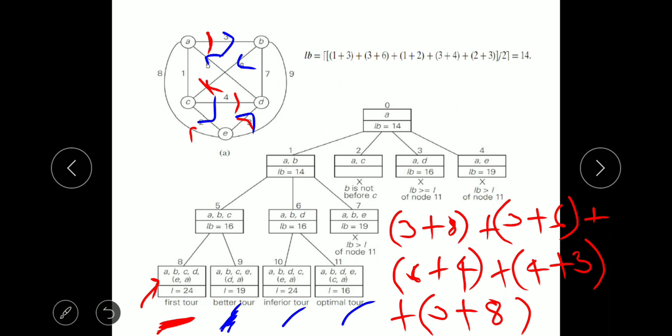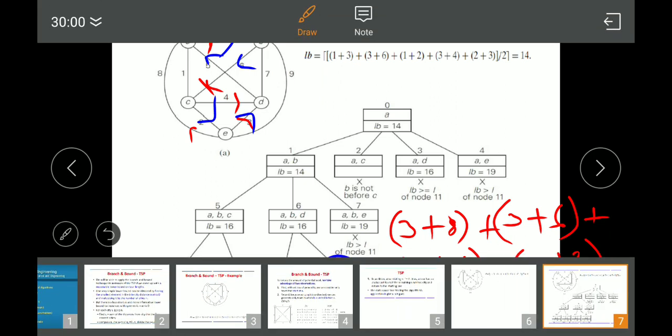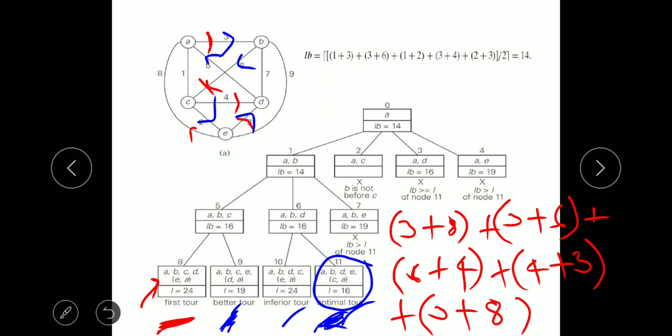the second one is a better solution with the cost 19, but we get one more solution, the 11th step, whose least cost is 16, which we can say is the optimal cost. So we go with the last calculation.